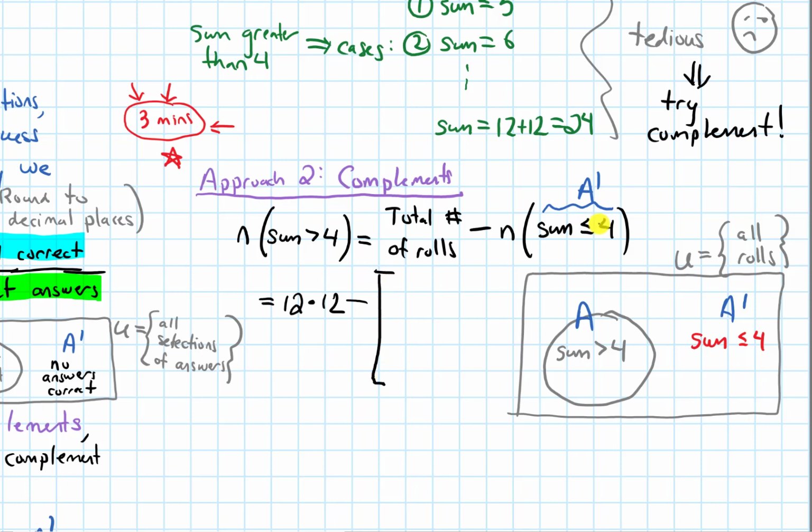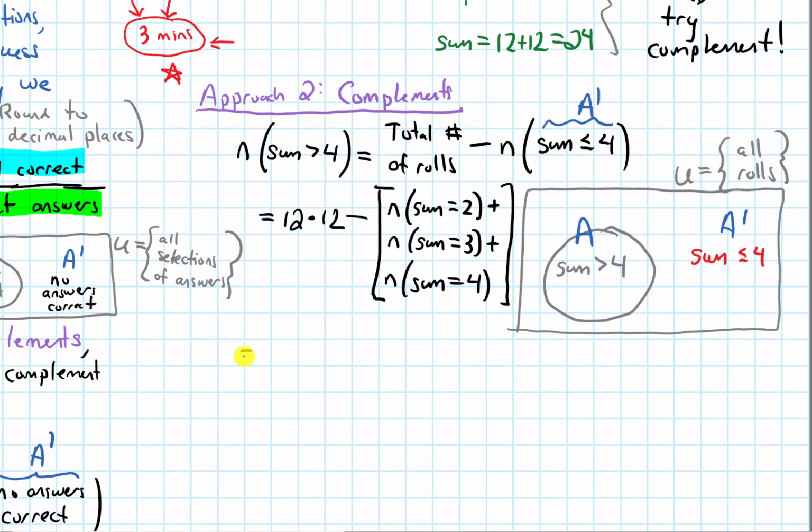We could be counting the number of ways for the sum to be equal to 2, plus the number of ways for the sum to be equal to 3, plus the number of ways for the sum to be equal to 4. These are all disjoint cases, which is why I can just add up the number of elements in each of those cases. So 12 times 12 is 144.